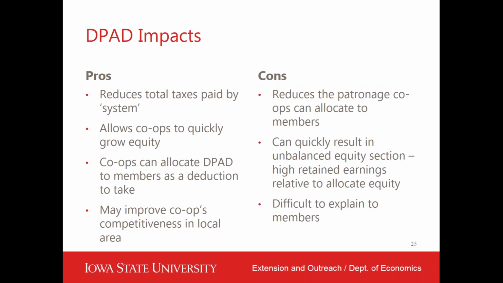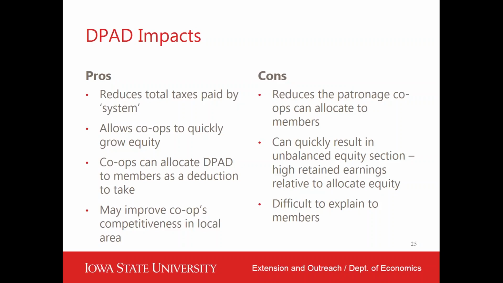are that, to the extent that DPAD is not allocated to the membership, it does reduce the patronage co-ops can allocate to them. So what you get in the second bullet is that it can quickly result in this unallocated section of the balance sheet, the retained earnings, growing relative to the allocated equity in members' names. And what we've seen over the last 10 years is a significant shift in the proportion of members' allocated equity to retained earnings.